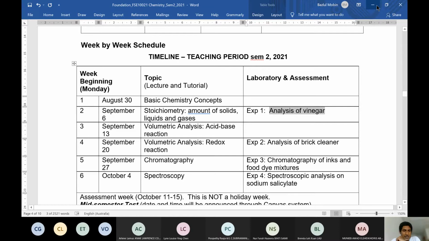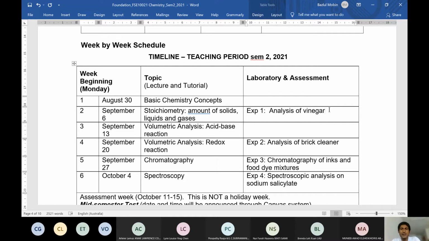Why I want to tell you that this analysis, this vinegar inside it, what? It is an acid, right? Inside vinegar, it is an acid. So we want to test what is the percentage of acid in the vinegar. When we say, oh, acid is bad, acid is dangerous, of course it is dangerous, but there is a limit to that danger, right?